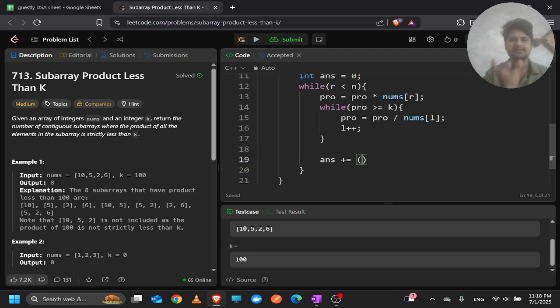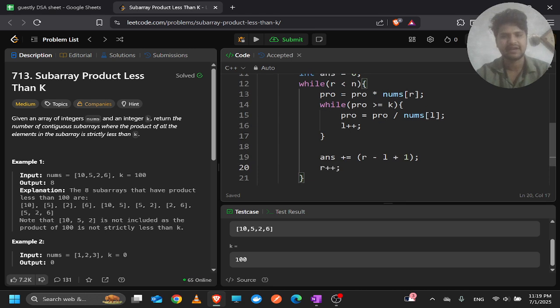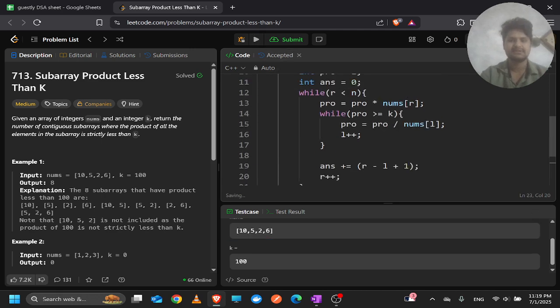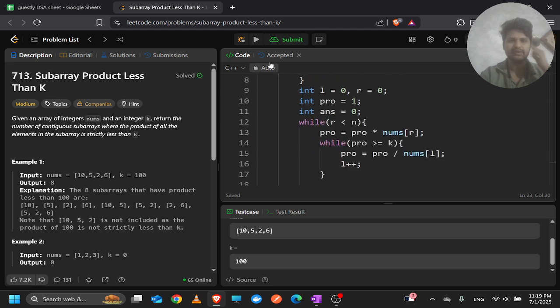That many subarrays we can form. So the number of elements is r minus l plus 1, which is the length of the window we have. I am going to add that, and after that I will increase my right pointer. After this loop ends, I am going to return my answer. So this is the code for this.